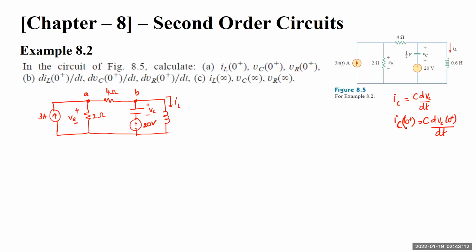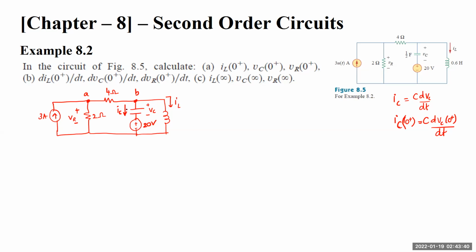And IC 0 positive, or the current through the capacitor at time t equals 0 positive, would determine this value. And remember, the voltage across the capacitor would not change instantaneously, but current does. So current does change instantaneously, right?